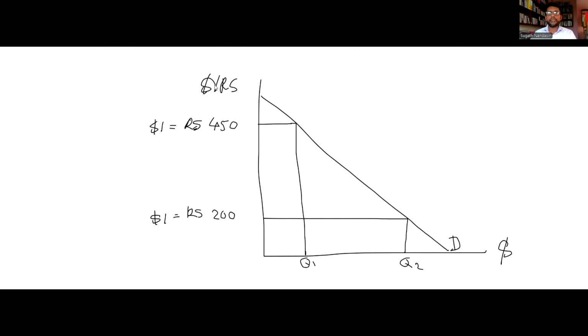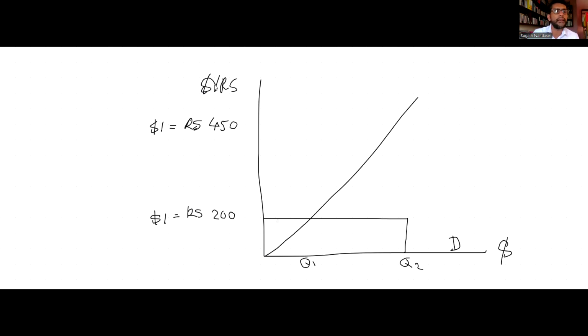Now, the foreign currency supply curve, look, behaves the other way around. You are selling foreign currency. Just assume that you are selling foreign currency. You are not purchasing foreign currency. Now you are selling. How do you sell? Low price, then low quantity.